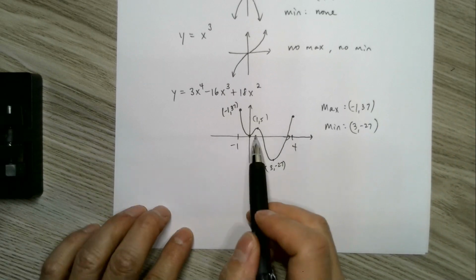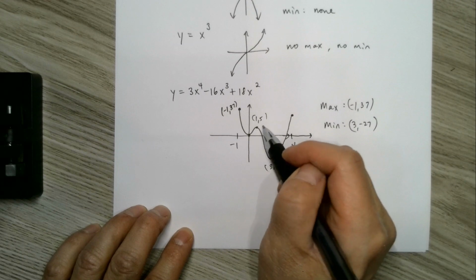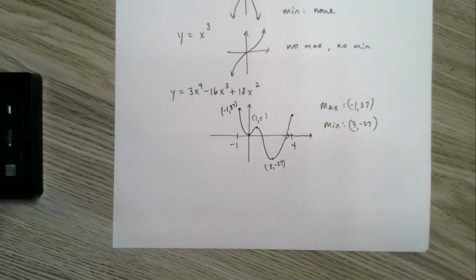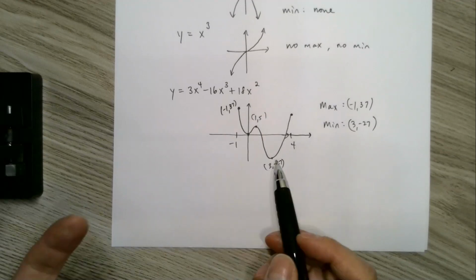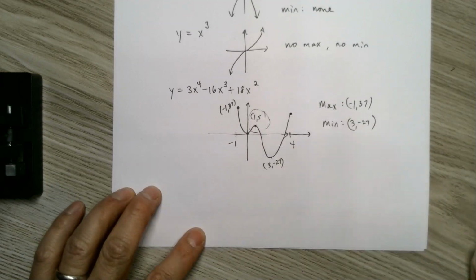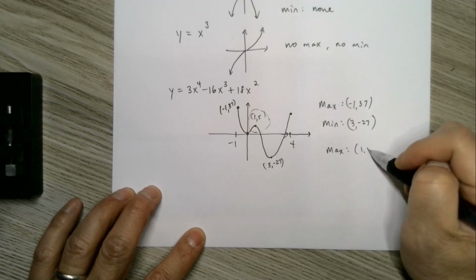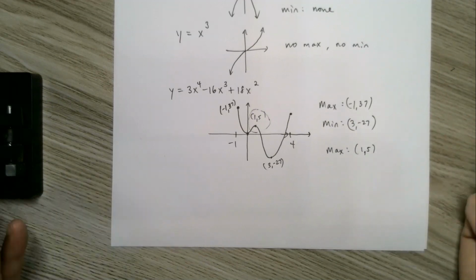However, there's also this other point here at the top of this hill, (1, 5), which is important, maybe not as important as the two extremes, but it is called a max as well. You're wondering, how can we call it a max? It's not the highest point.